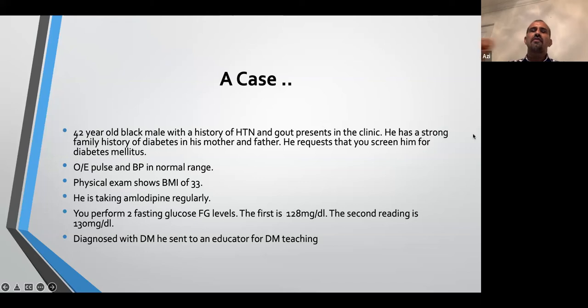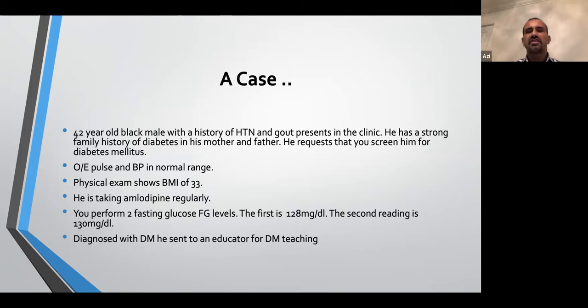Okay, so we have a 42-year-old African-American gentleman with a history of hypertension who presents to the clinic. He has a strong family history of diabetes from both sides and requests, please screen me for diabetes. Do I have diabetes? We take the detailed history, family history, socioeconomic history, and do the review of systems, positive and negative, and then we examine him.